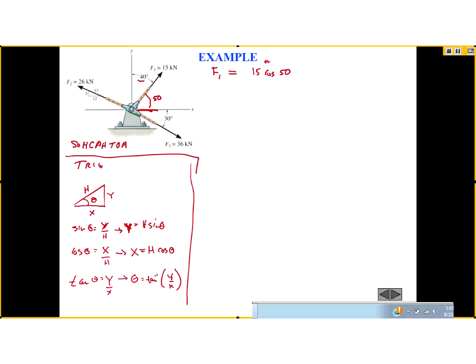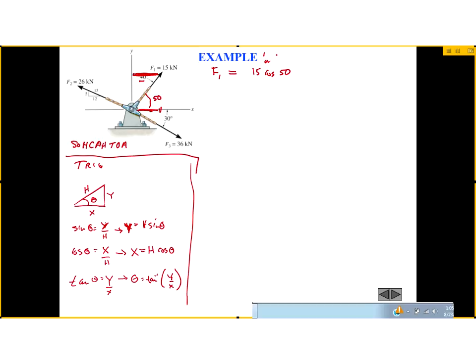Yeah, because they gave you that angle 40, and if you want to know this horizontal distance, that is the opposite of the angle 40 degrees, right? So you got to use the sine for that. They do those little things just to throw you, to make sure you're paying attention.